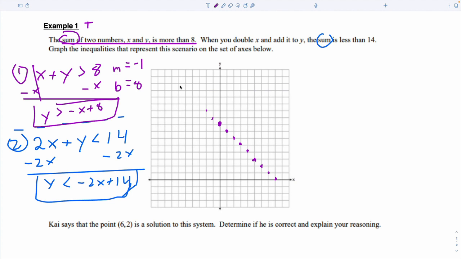Did you guys get a ruler? No, you did not. Okay, let me get you one. Go ahead and graph the second inequality. Check with your partner when you think you got it.